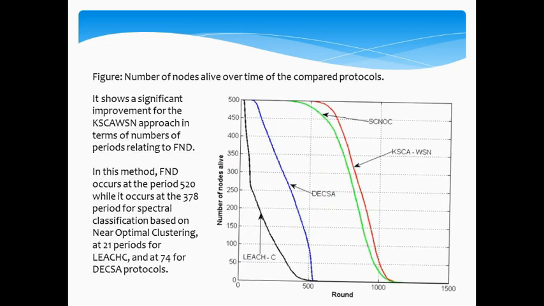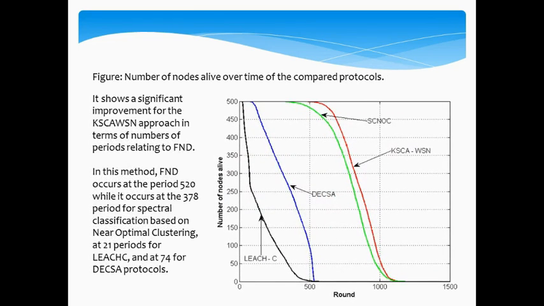Now let's analyze the results in graphs for the various algorithms that have been used. The first figure shows the number of nodes that are alive over time for the 4 compared protocols. As you can clearly see from the graph, the KSCA-WSN algorithm, our algorithm, performs much better than all the previous 3 algorithms. It shows a significant improvement in terms of the number of periods relating to FND.